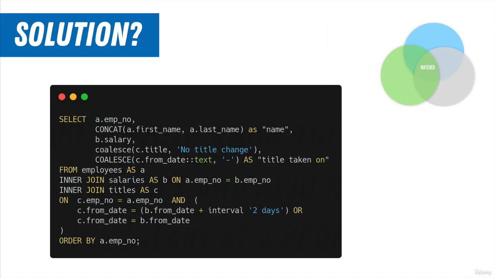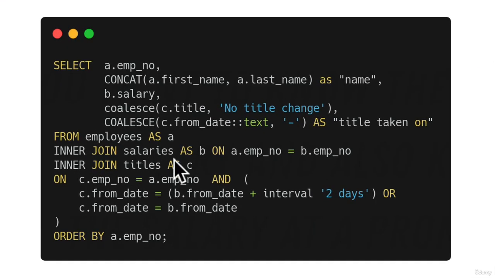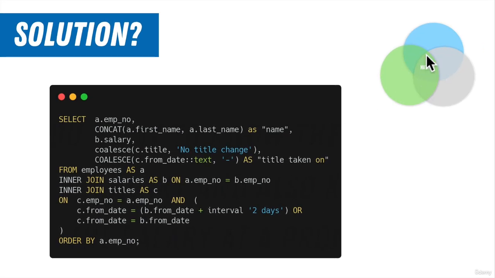So when we do the inner join on titles, we can use the ON statement as a WHERE clause, as a way to filter against this subsection. We can narrow down the matched data in the inner join in the ON clause.